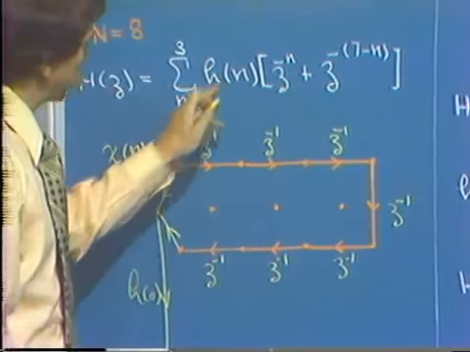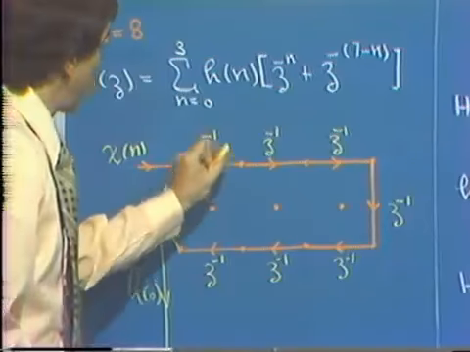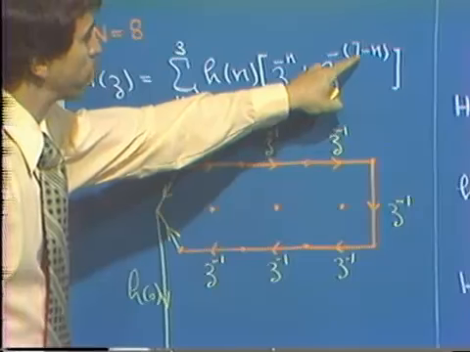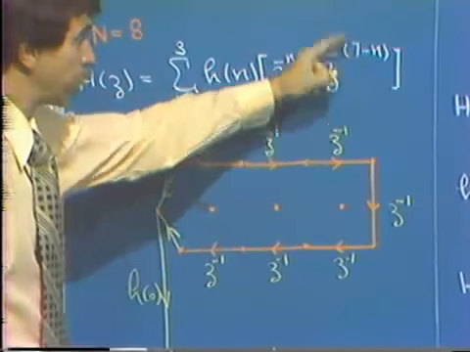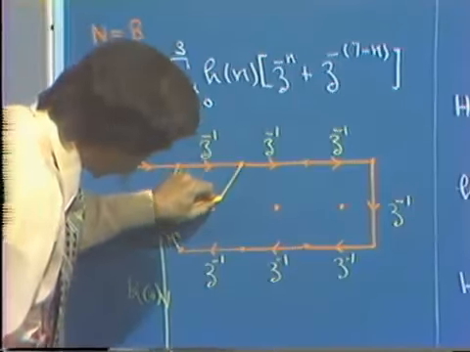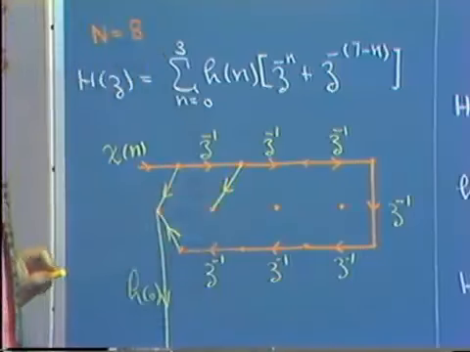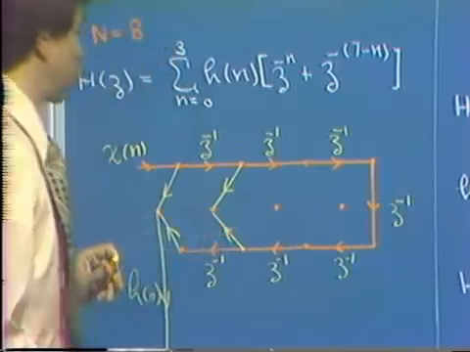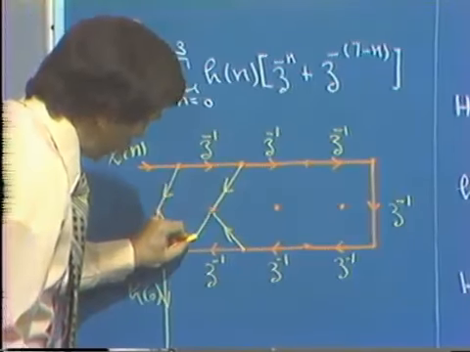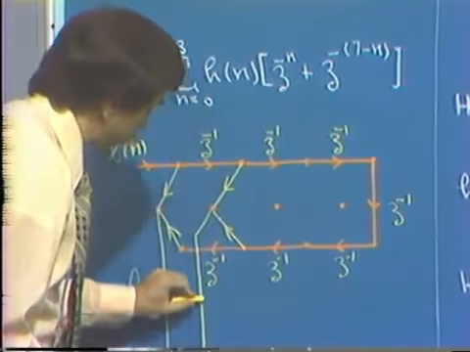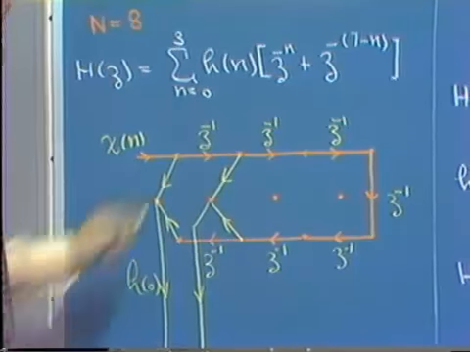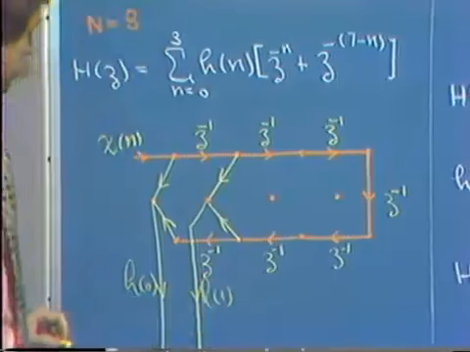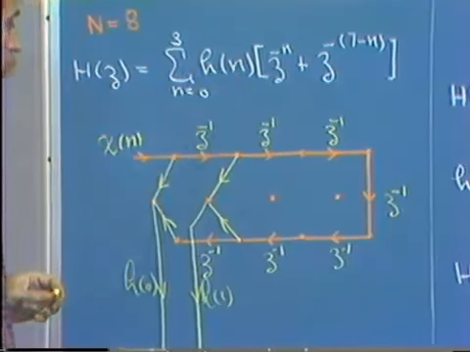To form the next term in the sum, for n equals 1, we have the output of 1 delay plus the output from the 7 minus 1th delay, that is the 6th delay. So we have the output from the first delay and the output from the 6th delay, and that is multiplied by the coefficient h of 1 to form the next term in the sum.